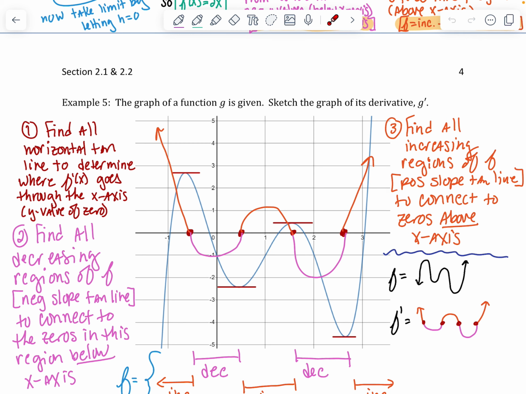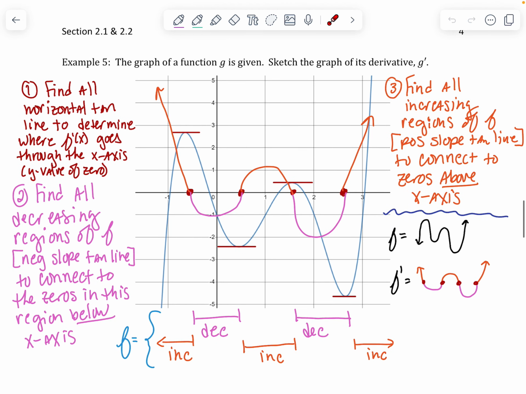Now the next thing I want to do is find wherever the graph is decreasing or increasing, because if the graph is decreasing, then the derivative will be below the x-axis, whereas if the graph is increasing, the derivative's graph will be above the x-axis.